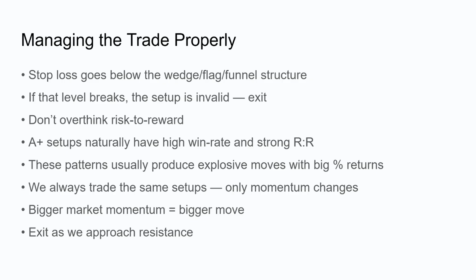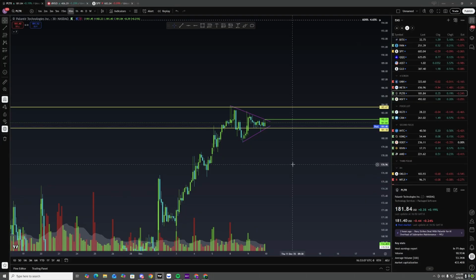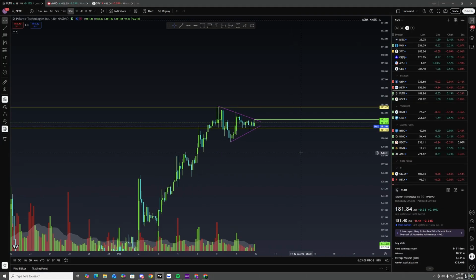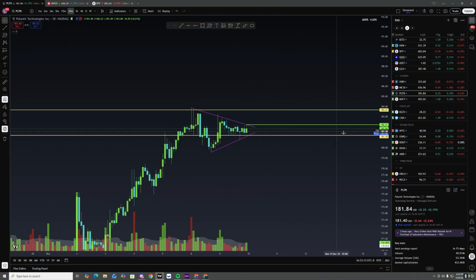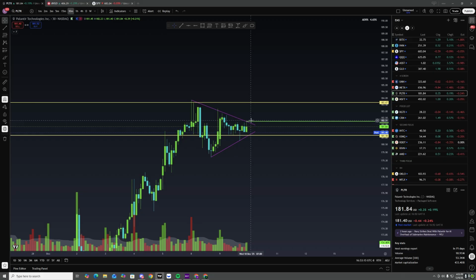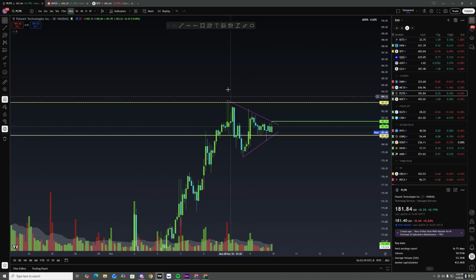Let me just pull it up. So on Palantir here, this is our entry, this is our stop loss, and this is our take profit.